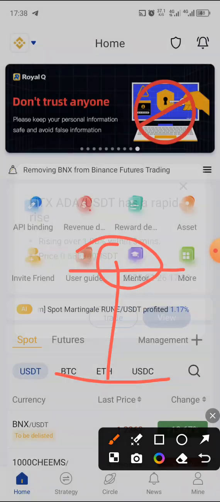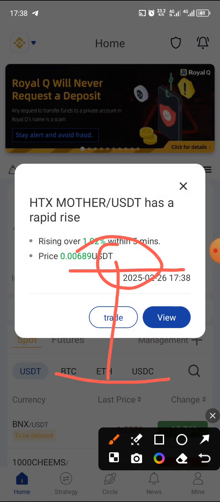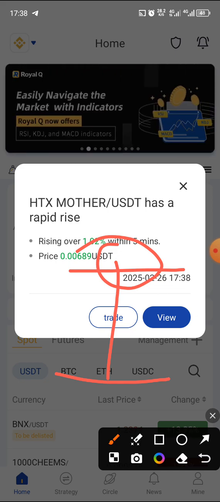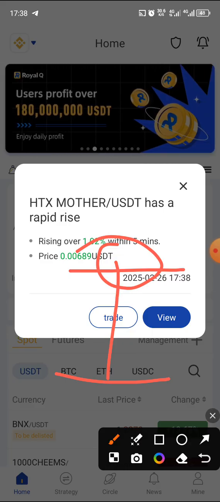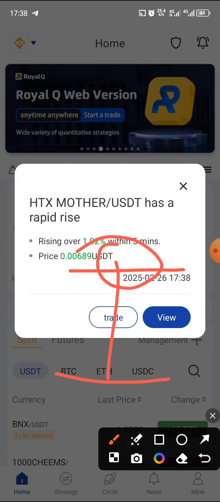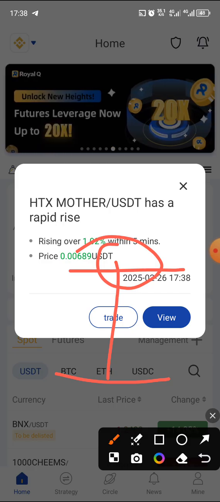Like, I know most of you do this business as a part-time business or as a side hustle business. So in most cases, you will not have time to check on your robot each and every time to see whether it has sold so that you can trade another coin. If you are that kind of person who has no time to check on your robot, then this cycle mode will be good for you.